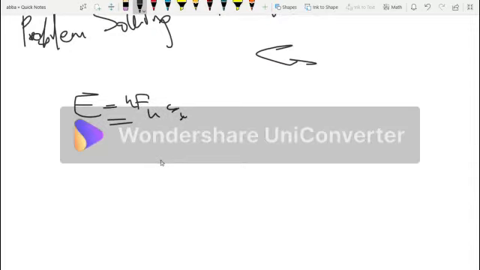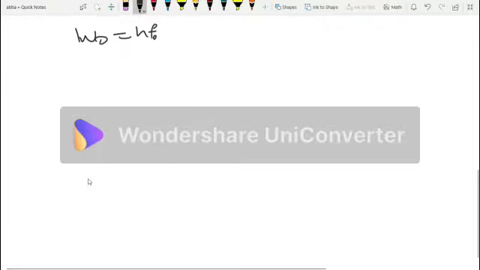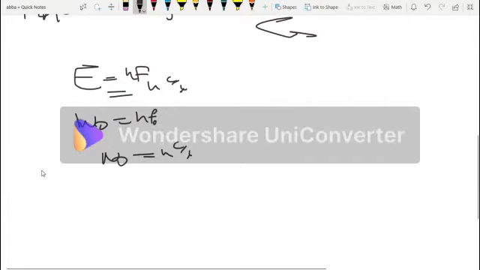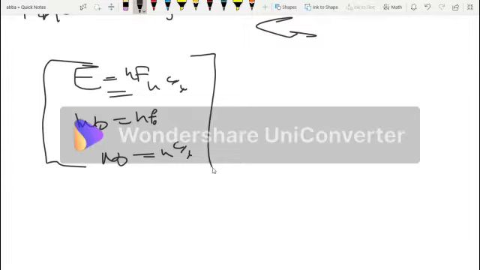From there, determine the work function. Work function is equal to Planck's constant multiplied by the cutoff frequency. So we can simply say work function is equal to hc over the cutoff wavelength. That is how we can go about writing it. This is where we're going to spend most of the time as we deal with calculations.